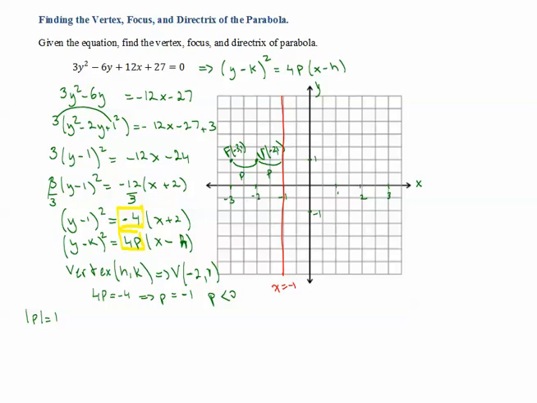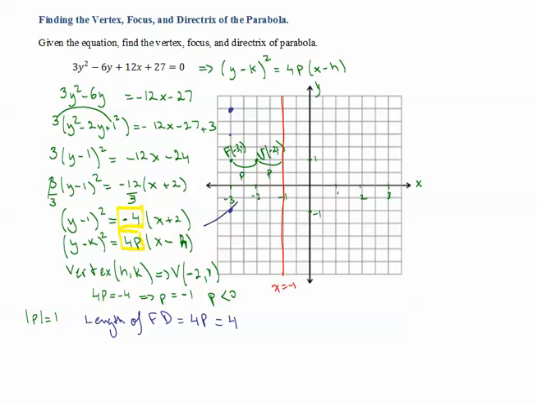And we see that the length of the focal diameter is equal to 4p, and p is 1, so it's equal to 4. So basically for the focal diameter, if I count 4 units, here is 1, 2, so here is one point where the graph is going to pass, and I have another 1, 2, the other point where the graph will pass.